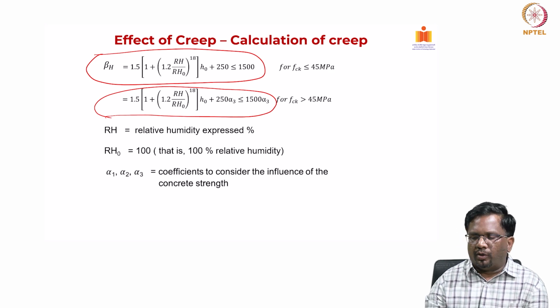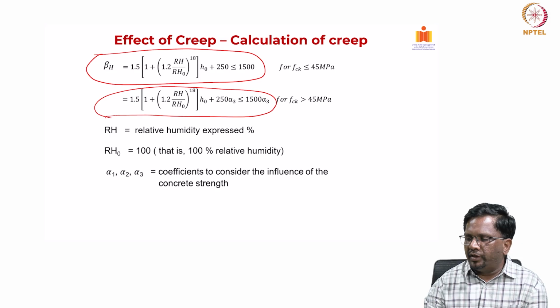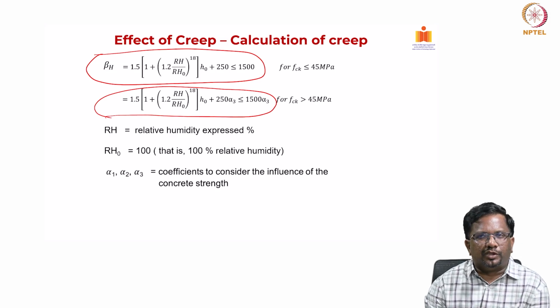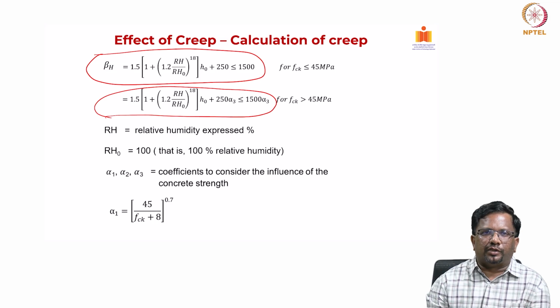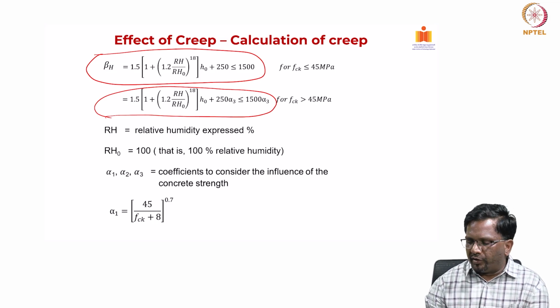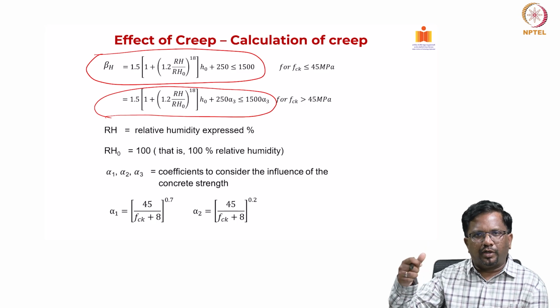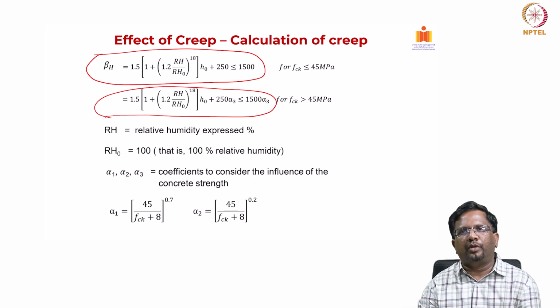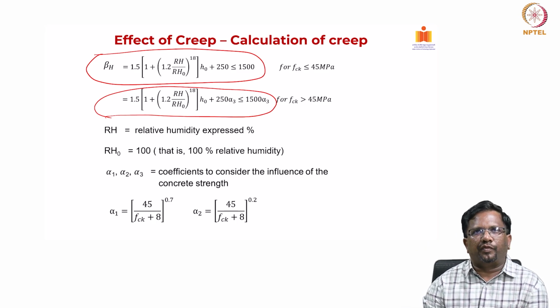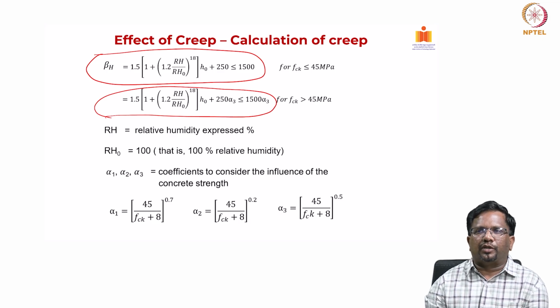Now, what are these alpha 1, alpha 2, alpha 3? Alpha 1, alpha 2, alpha 3 are basically the coefficients to consider the influence of concrete strength. Now, alpha 1 is 45 by FCK plus 8. Again, the higher the strength of the concrete, less will be the creep. So, somehow we have to account for all these effects that are coming into these equations, right. So, these are the values.